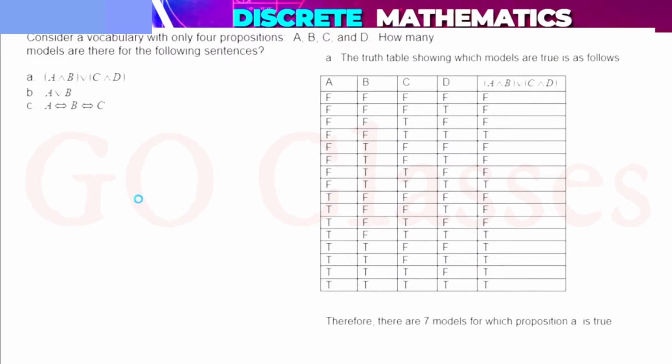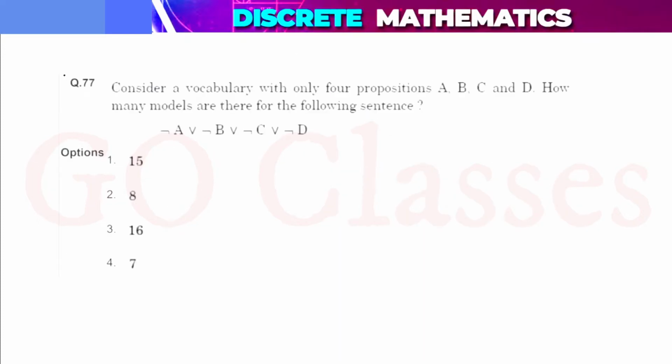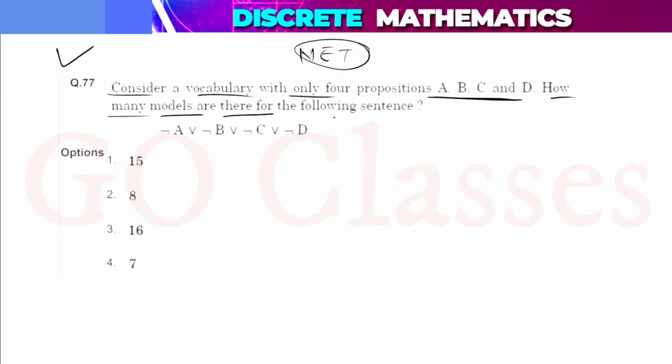Now you can answer these questions. Let's see this question. This is a previous year NET exam question. It says, consider a vocabulary where only 4 propositions are there, basically A, B, C, D. How many models are there for the following sentence?